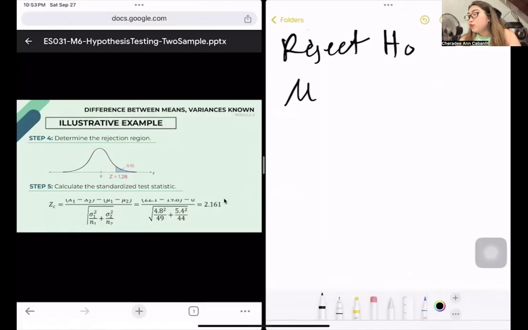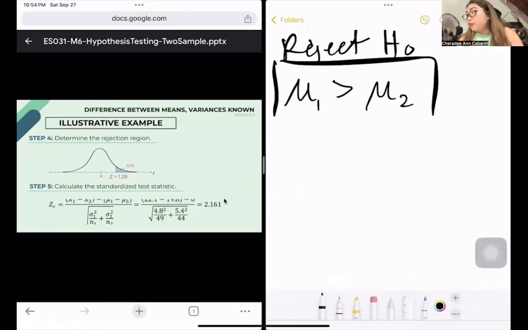So your decision is, because this is one-tailed, mu1 is now greater than your mu2. Okay, so that is now your final answer. But you have to really discuss the answers, that the mean score of Miss, because they did not mention the name, of her class is greater than her colleague's class.